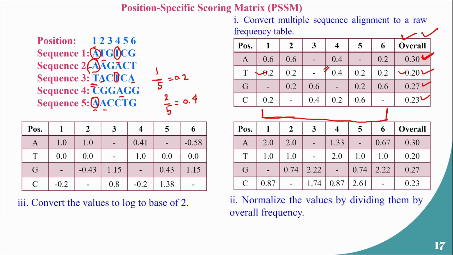And if you notice, for the nucleotides at particular positions which are present a lot more times than the others, for example here alanine, we saw in the raw frequency it was 0.6. So we are also getting a positive value for adenine in this particular one, right?